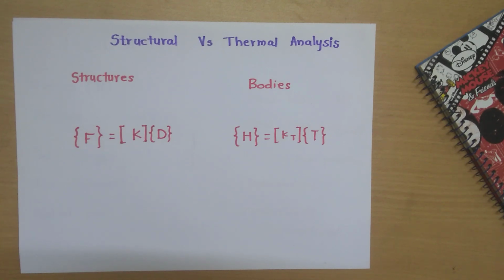Basically, in the structural analysis, we follow the finite element equation: force is equal to stiffness matrix into displacement matrix. Similarly, in the thermal analysis, we follow the finite element equation: heat is equal to stiffness matrix, which we note as K_T because it is thermal, into the temperature matrix.